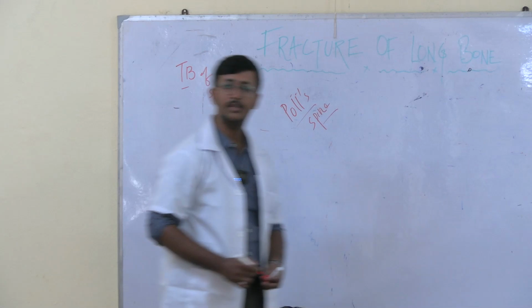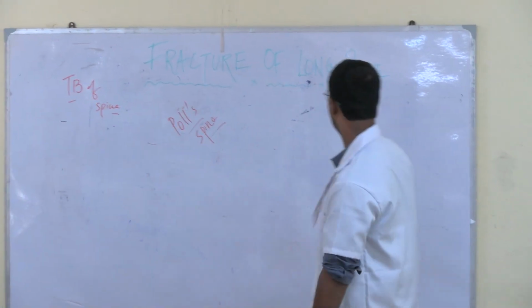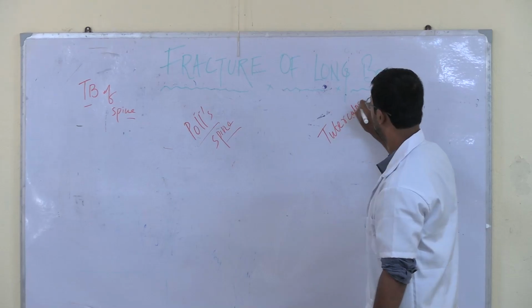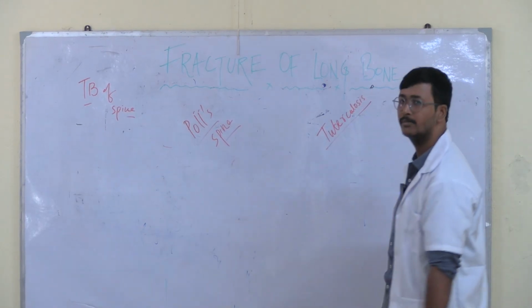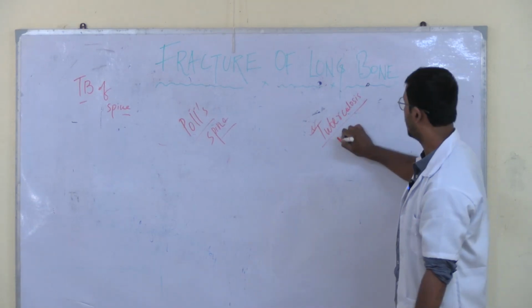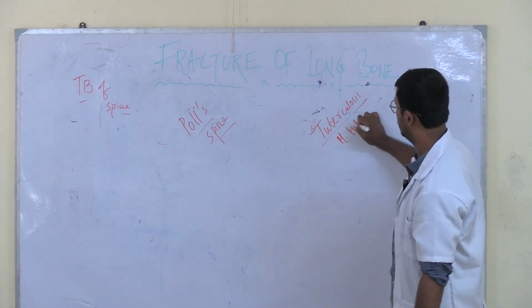What do you mean by TB? Tuberculosis. Tuberculosis is a disease caused by Mycobacterium tuberculosis.